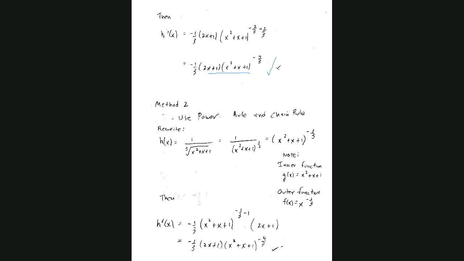But you could have just as easily written it as -1/3 times 2x plus 1 over x squared plus x plus 1 in the denominator raised to the positive 4/3.